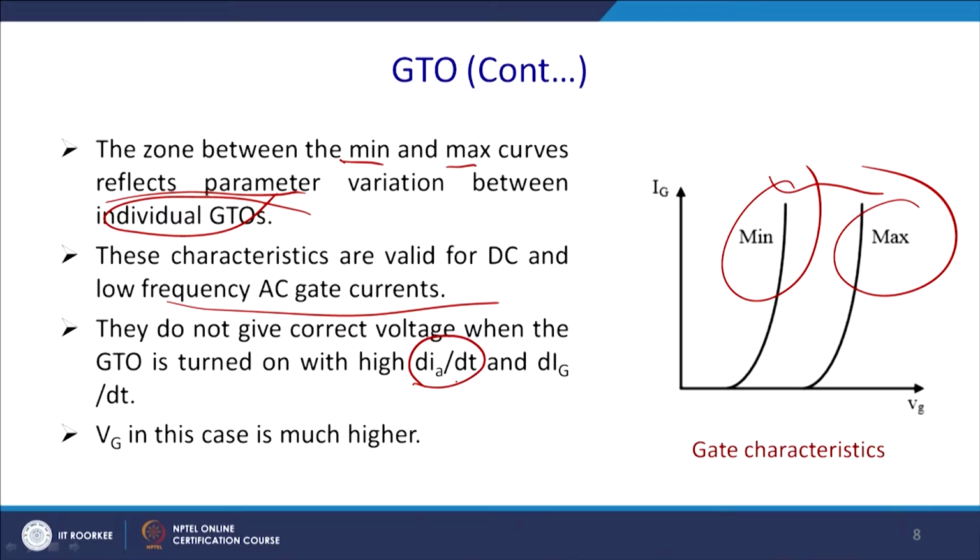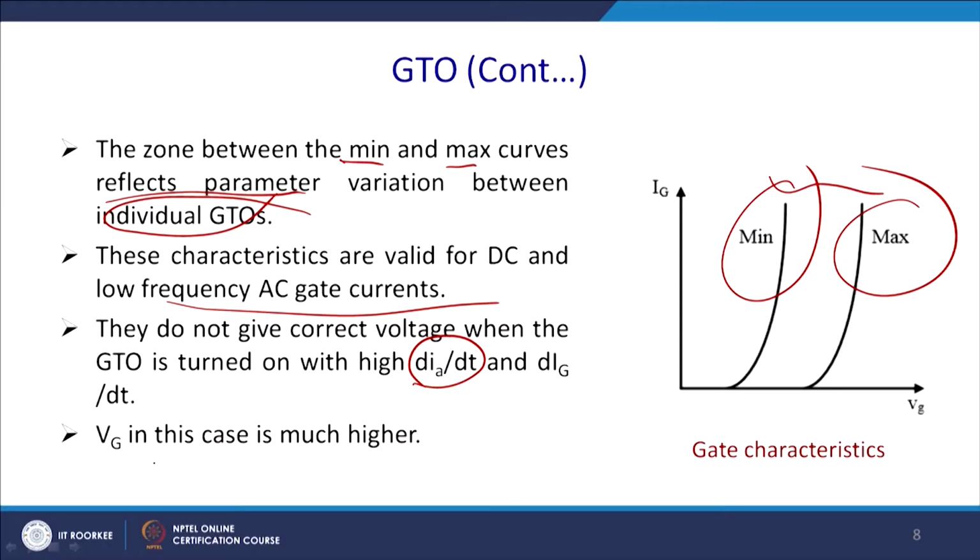So, you require to take care of the high DIDT issue in the gate current, and for this reason we require to put a small inductor into the gate circuit to block it. This is a new feature required compared to the thyristor, and this Vg in the case of the GTO is much higher than for an SCR of the same rating.